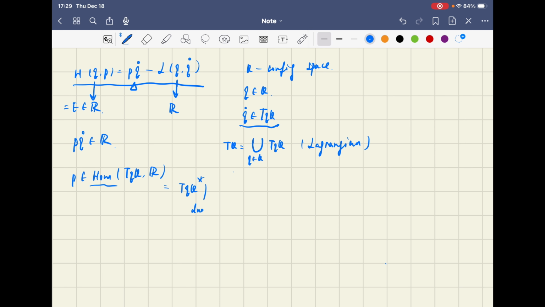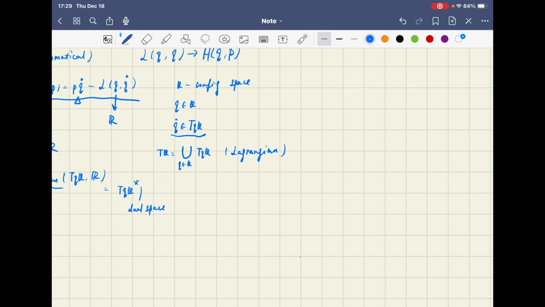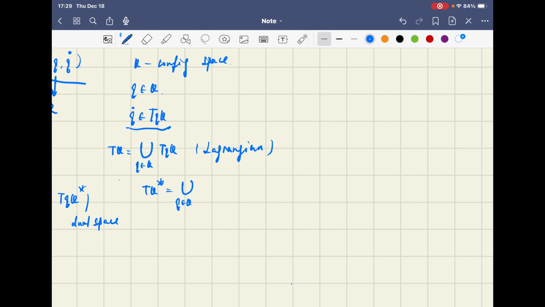It's called the dual space. Since the Hamiltonian function deals with all such q's and p's, it's essentially working on the cotangent bundle of Q, T*Q, and that's an expansion of this.